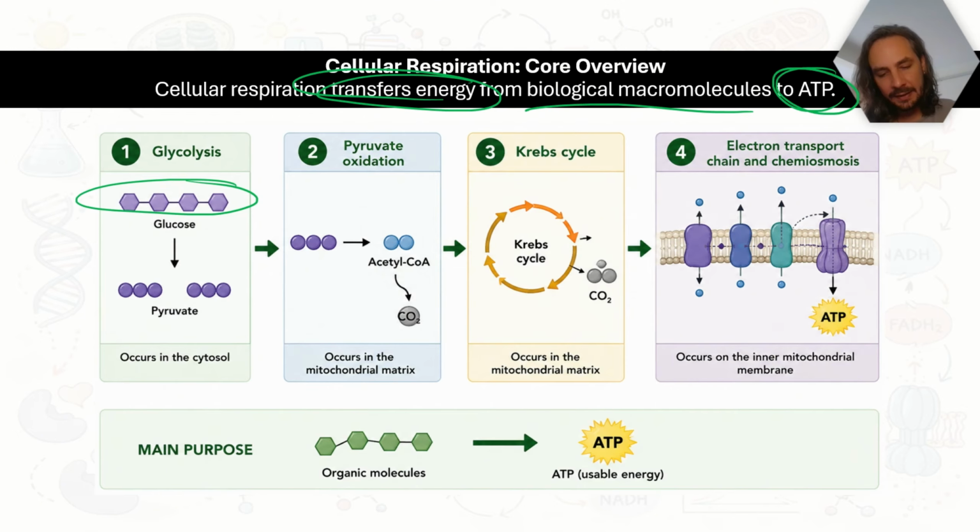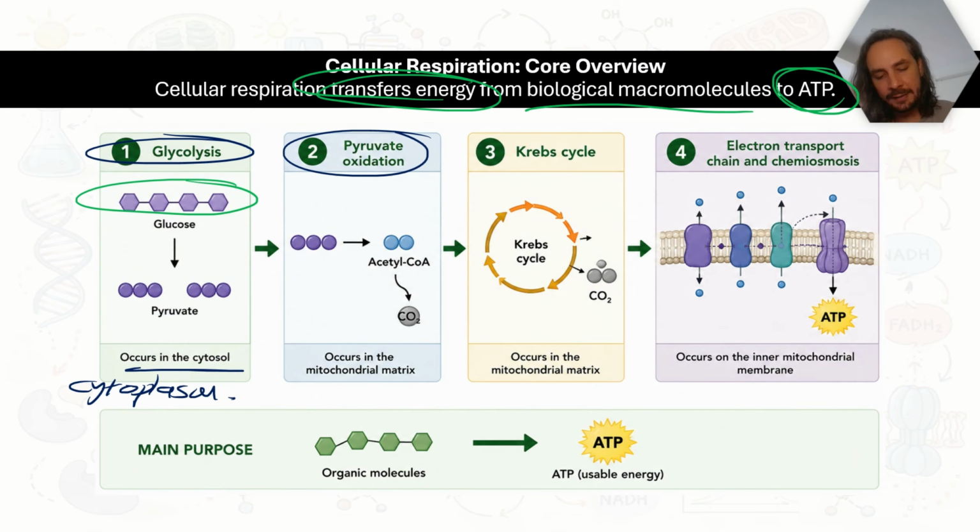Now, the first step is glycolysis. And glycolysis will happen in the cytosol or the cytoplasm of a cell. Then we'll have pyruvate oxidation, and this happens in the matrix of the mitochondria, where it will then enter the Krebs cycle, and this is where we would release most of the carbon dioxide.